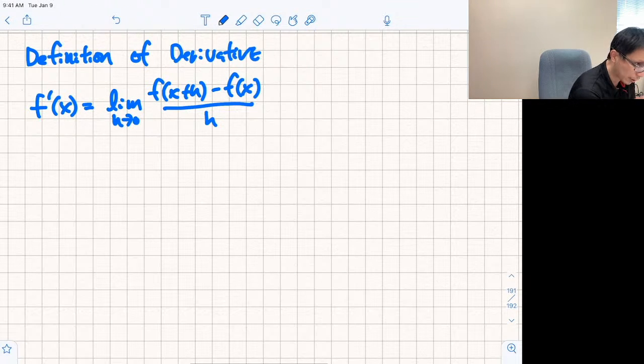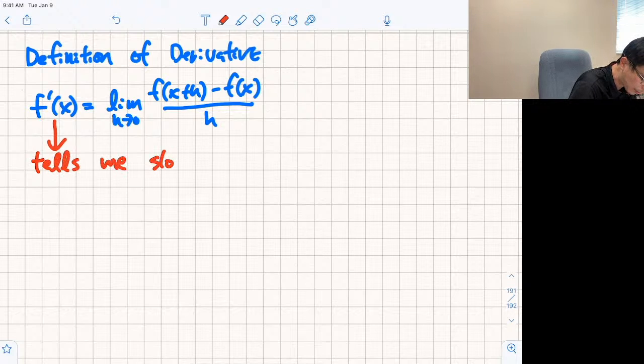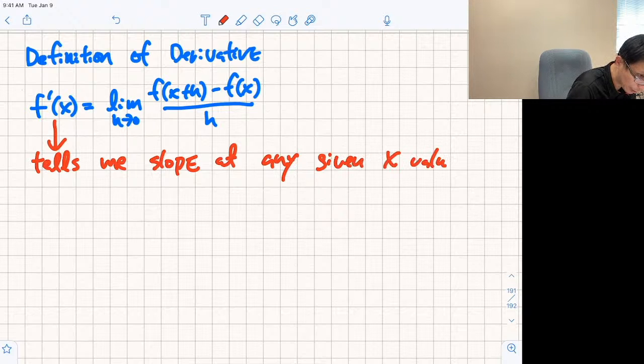And so this tells me the slope at any given x value. So it's a generalization. If I take the derivative of x squared, I'm going to get 2x, and that 2x can find the slope at every single point. Am I doing okay? Okay.